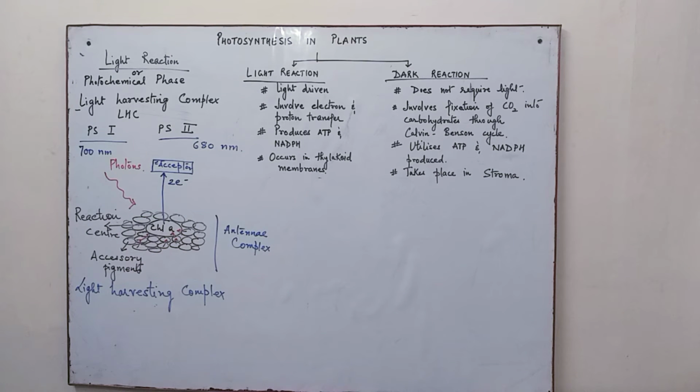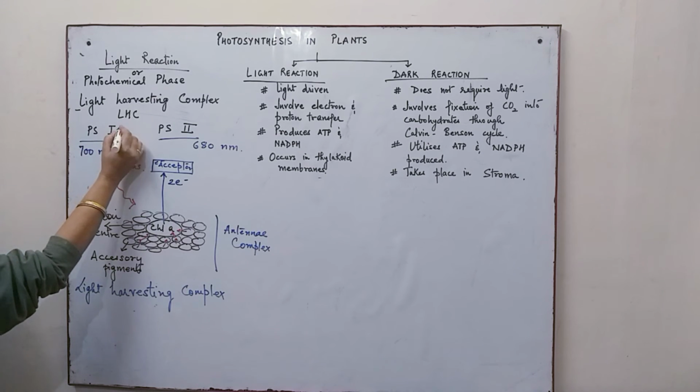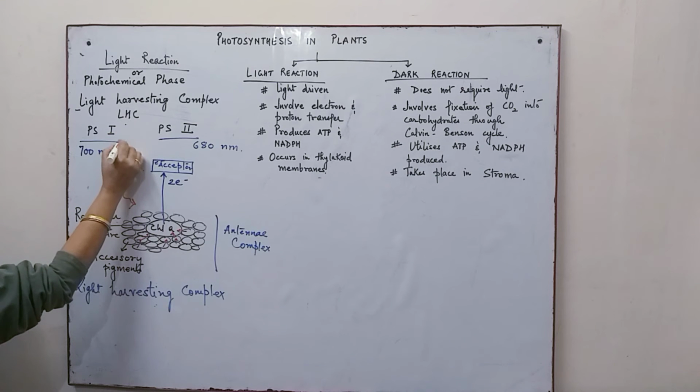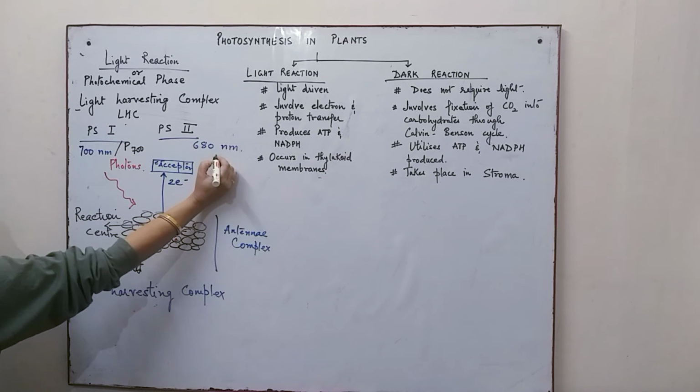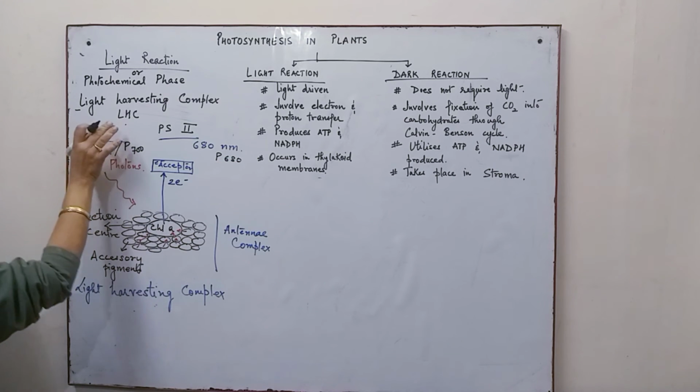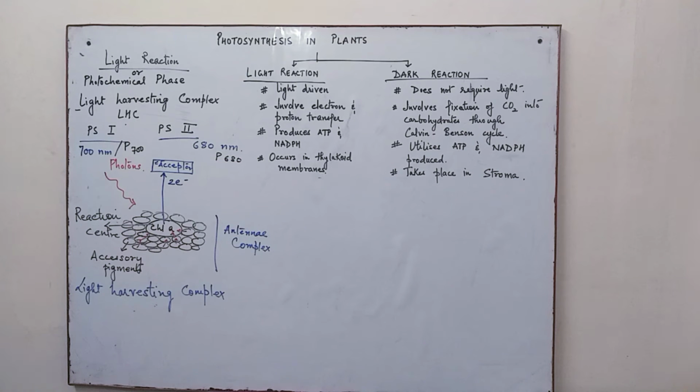These two photosystems differ this way, and therefore PS1 can also be referred to as P700, and PS2 as P680. Whether we refer to PS1 as P700 or PS2 as P680, both are considered correct.